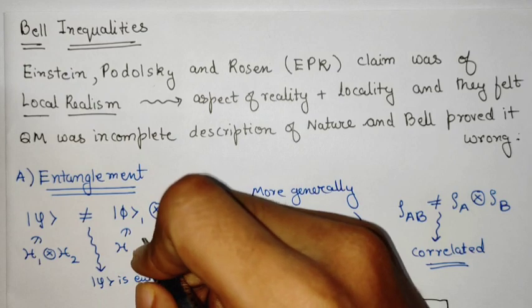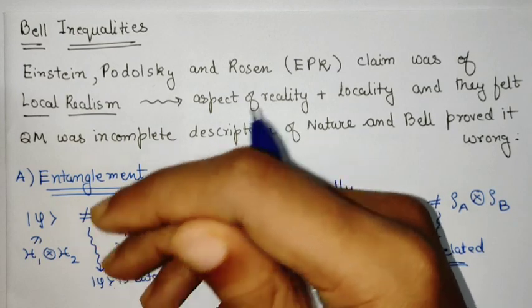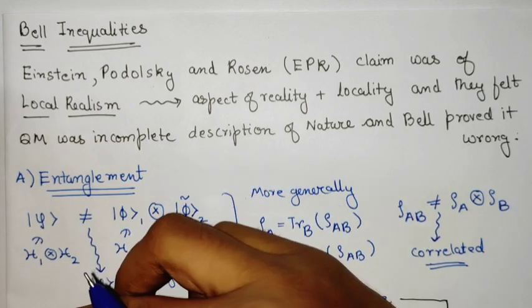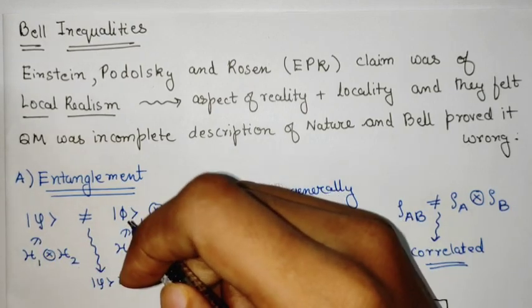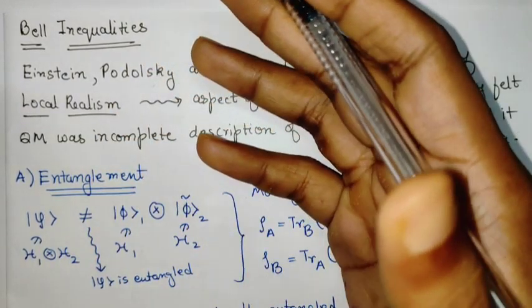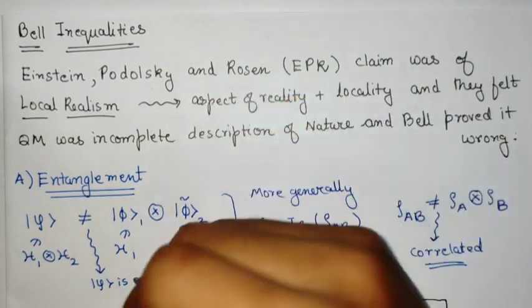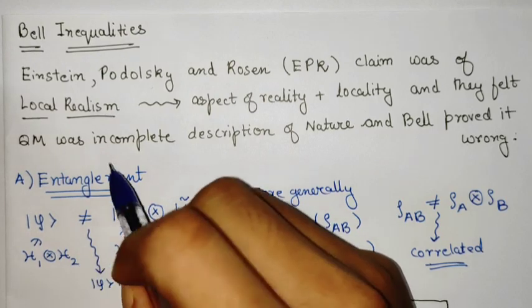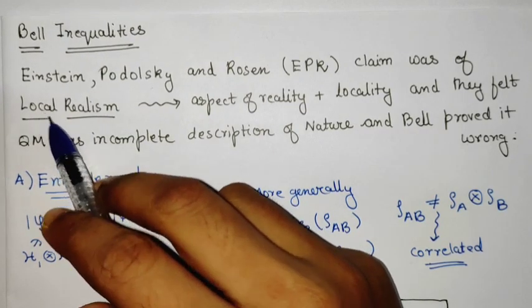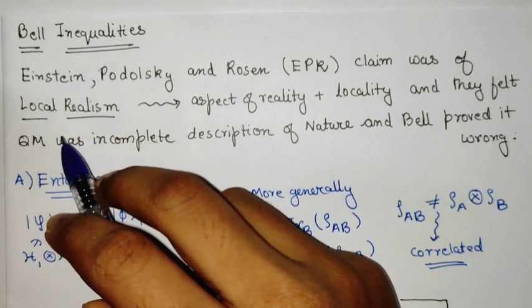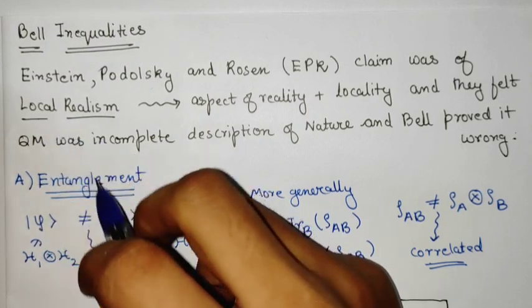Suppose you see an electron and it has this spin, and quantum mechanics says that it is probabilistic, but in reality, as it is an objective feature of the particle, the spin of the particle must be predetermined. All these things are what EPR believed to be true, and they were quite logical and quite reasonable.